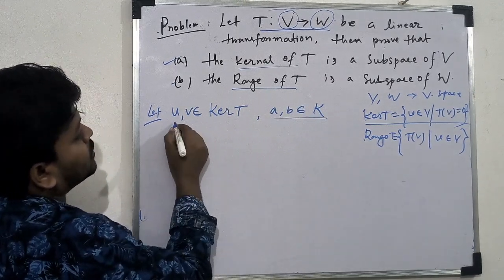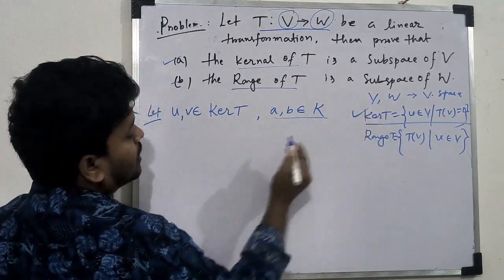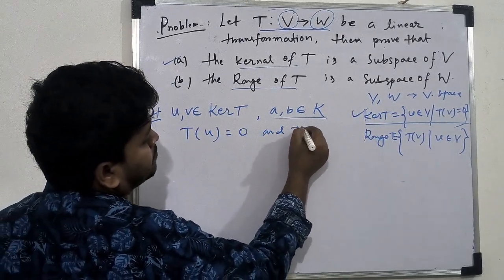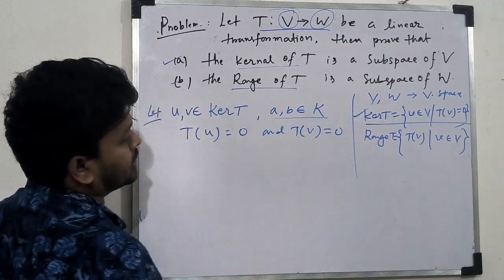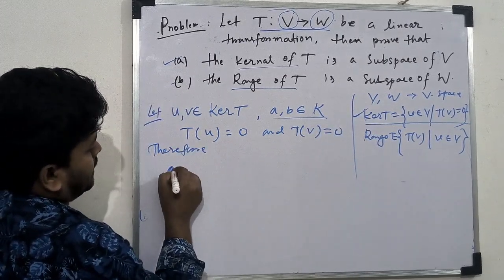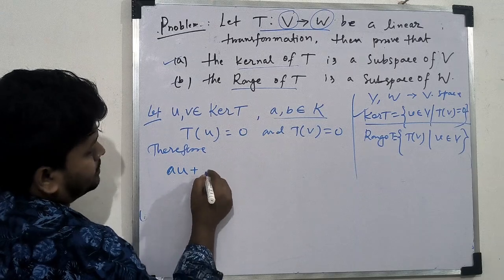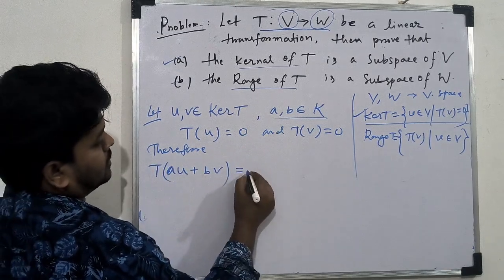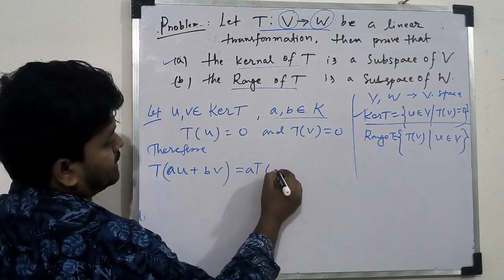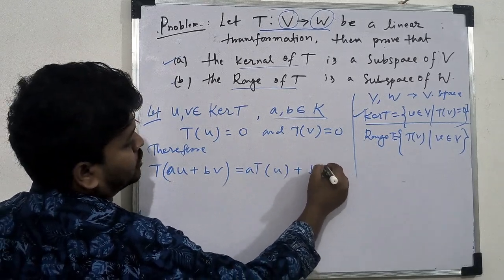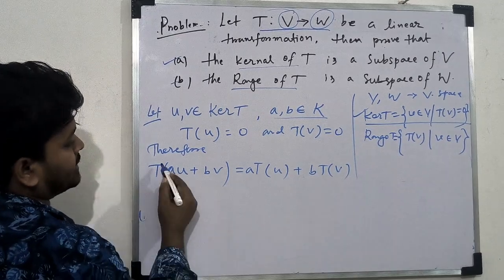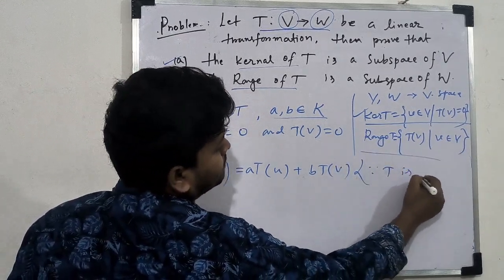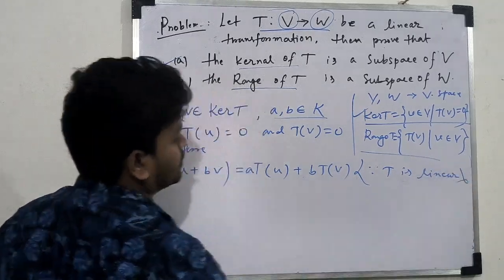So as u and v belong to kernel T, from the definition of kernel T, we say T u equal to 0 and T v equal to 0. Okay? So therefore, au plus bv, if we find T of this, as T is linear, so we have to write the reason here as T is linear.